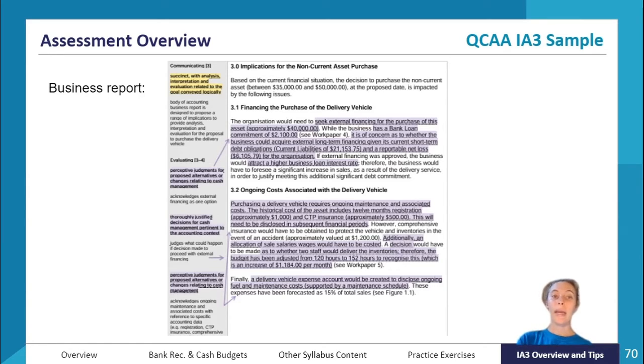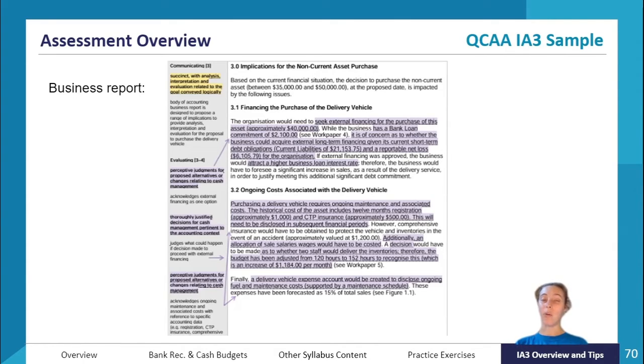So making sure that you're also succinct as well. The 800 to 1,000 words can be really tricky to stay inside, but that is going to come into that succinctness category for the communication criteria.